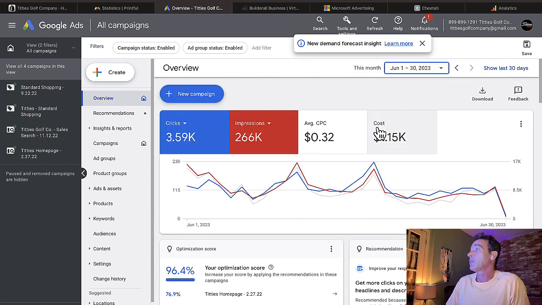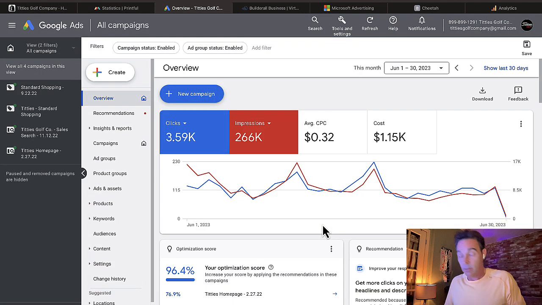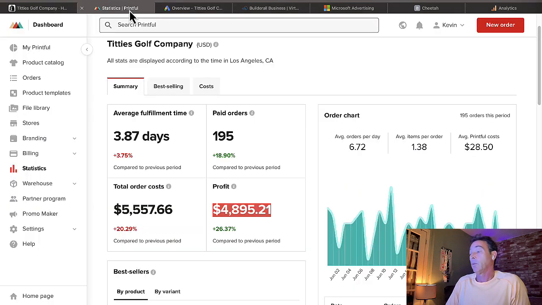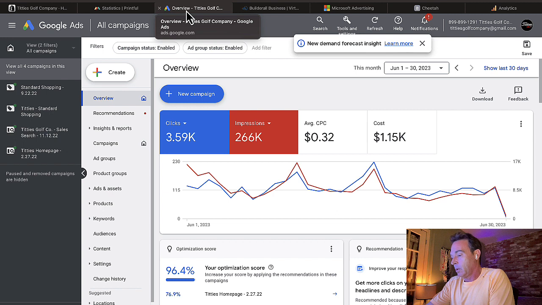Okay, I'm going to refresh this again. This is what most of the gurus about Shopify, they don't show you these numbers, guys. 4,900 minus our ad spend, which was 1,150.